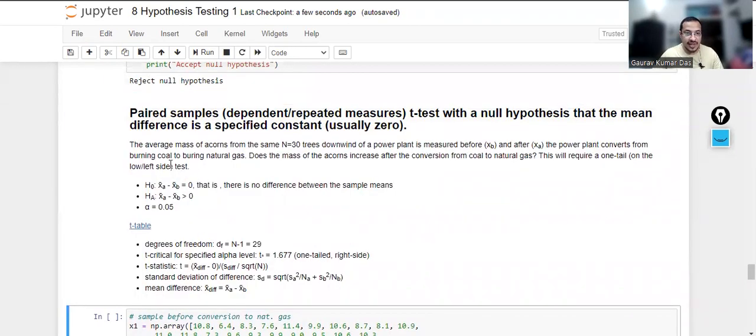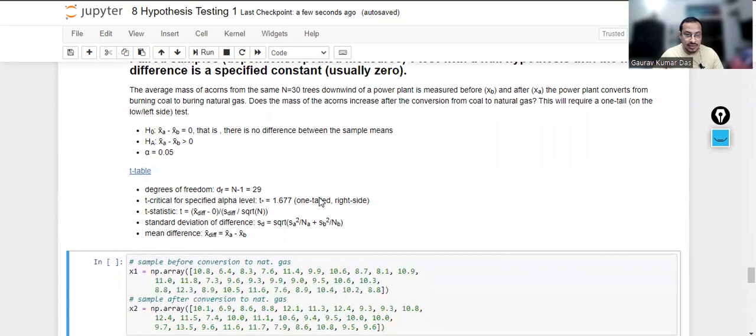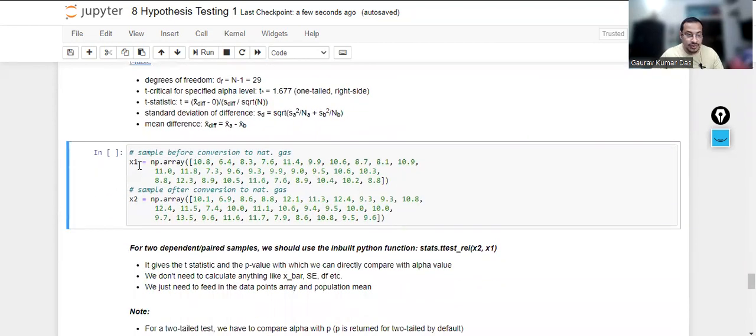Okay. So I've changed the x1, x2 to xb and xa. xb means x before, xa means x after. So it becomes convenient for you to understand the question properly. So here, before conversion, xb, after conversion, say xa.